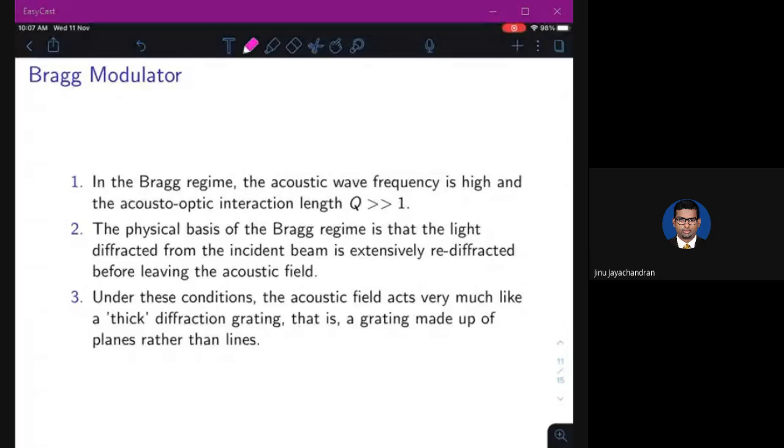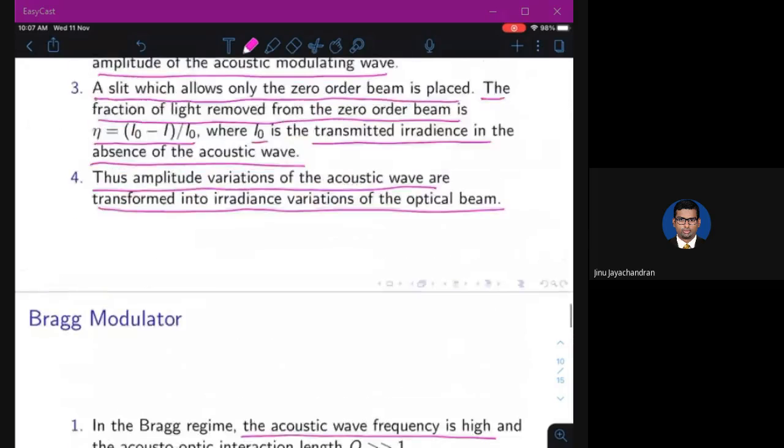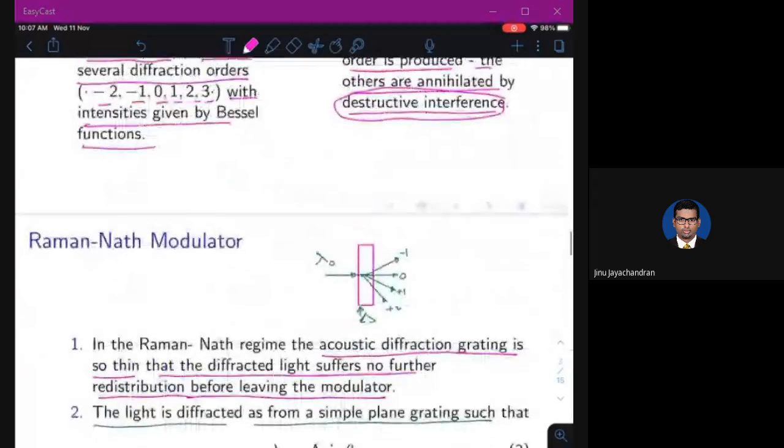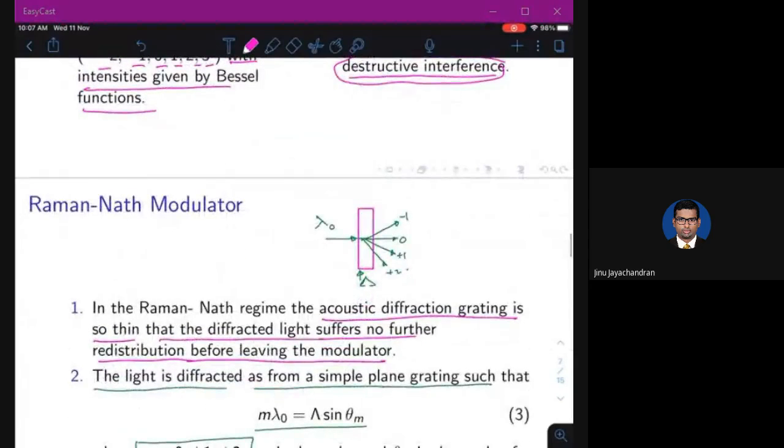So in Bragg modulator, the acoustic wave frequency is high and the acousto-optic interaction length parameter Q is much greater than 1. One thing that I forgot to mention in Raman-Nath modulator is that there the acoustic frequency is low.